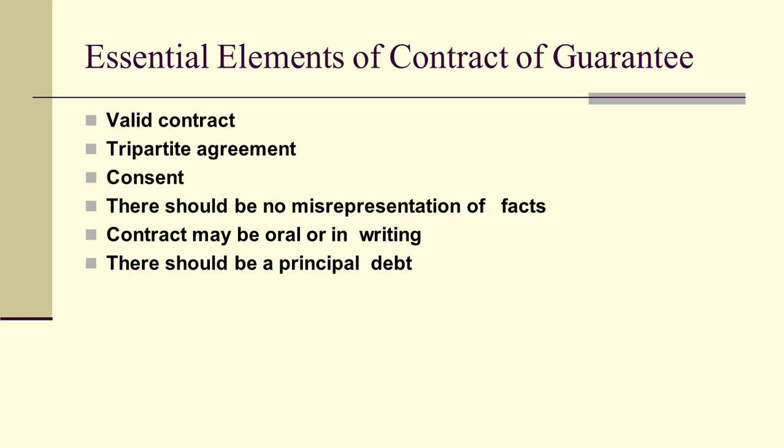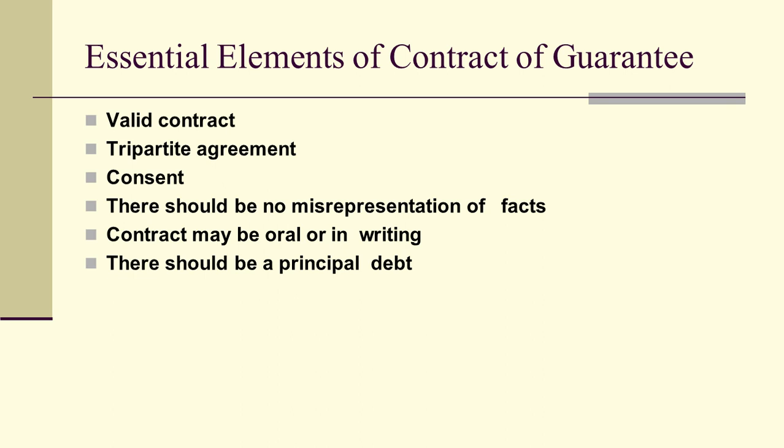The first contract is a contract between the principal debtor and the creditor. So it's the first contract on the basis of which a guarantee for the debt arises. The second contract is a contract between the principal debtor and the surety, in which the principal debtor accepts the responsibility to indemnify the surety if payment is required to be made by the surety.